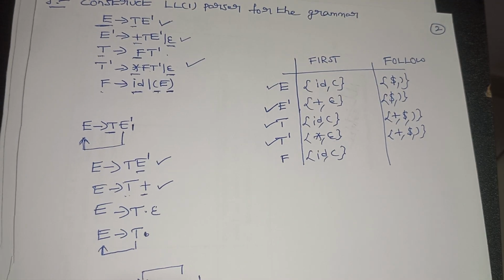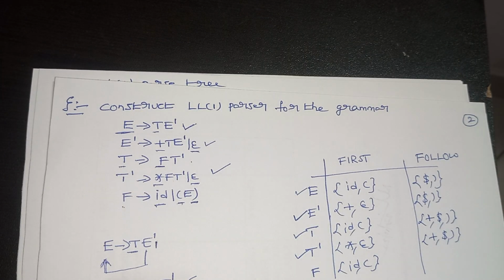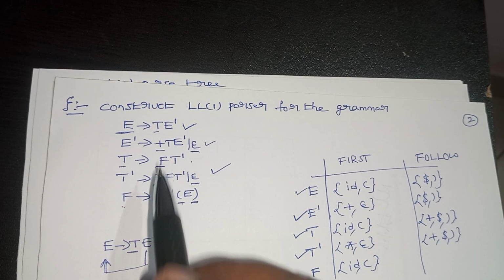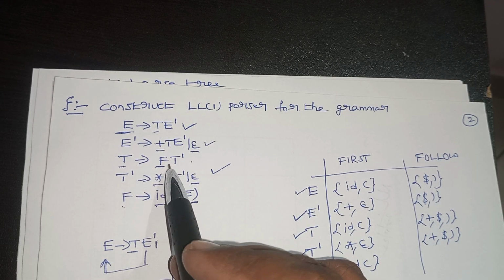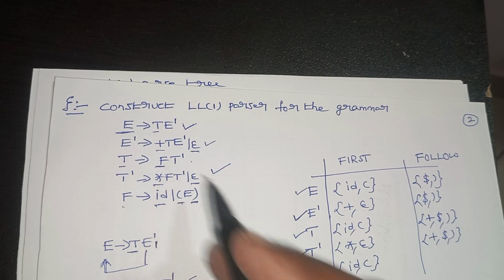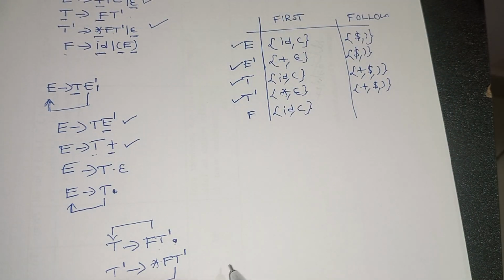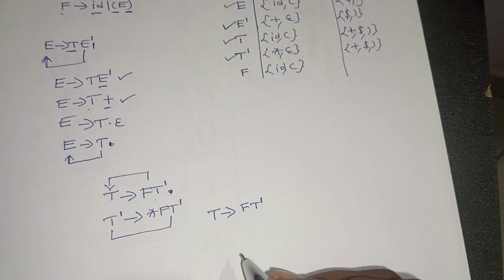So it is follow of F. You have to check wherever F is present in the RHS. Here there is no F, here there is no F, here I found the F, right here: T tends to F T dash.